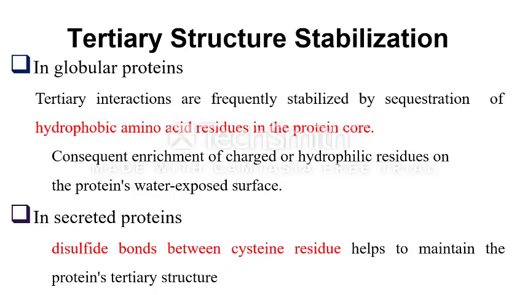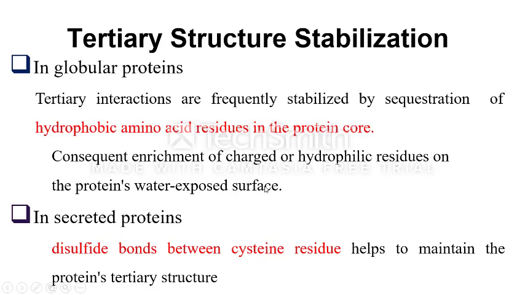So, there are two types of tertiary proteins: globular and fibrous. In globular proteins, the tertiary interactions are frequently stabilized by sequestration of hydrophobic amino acid residues in the protein core. The consequent enrichment of charged or hydrophilic residues is on the protein's water-exposed surface.